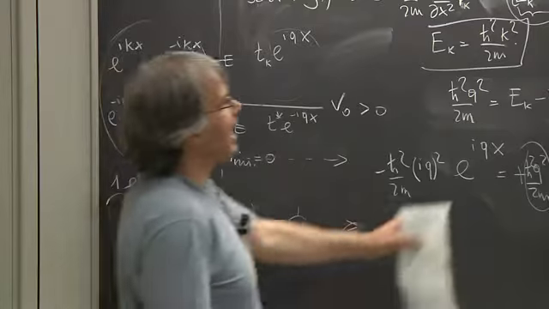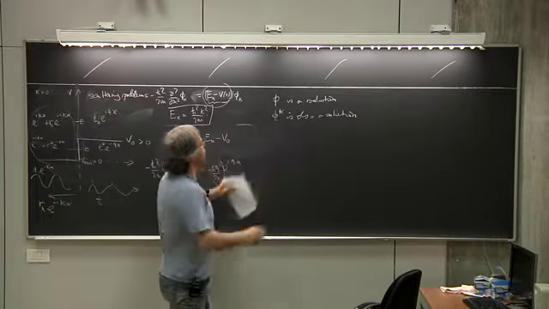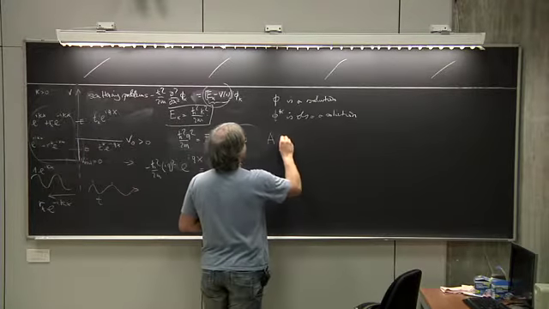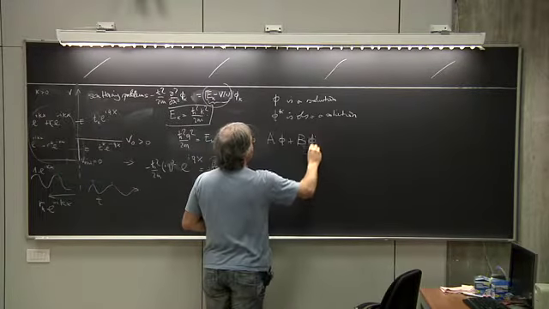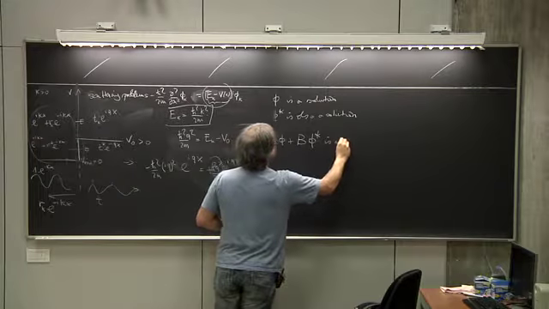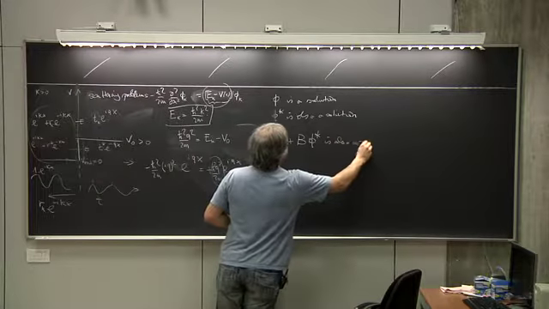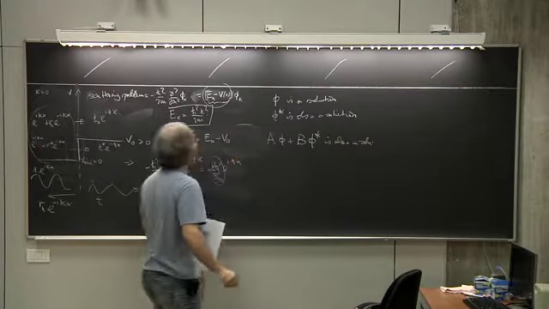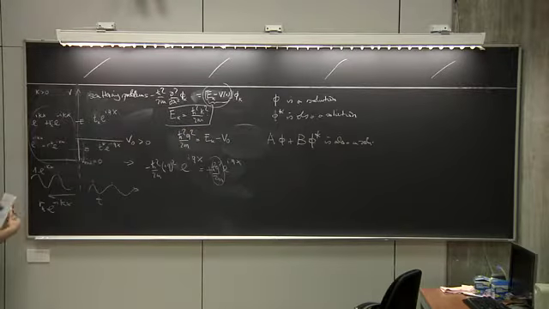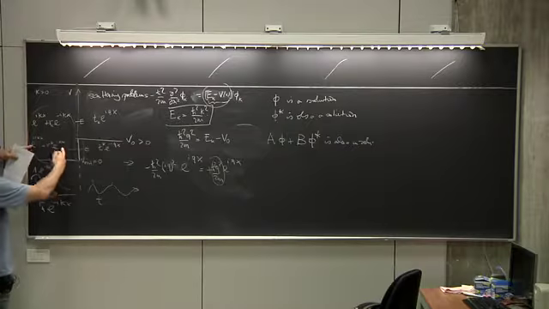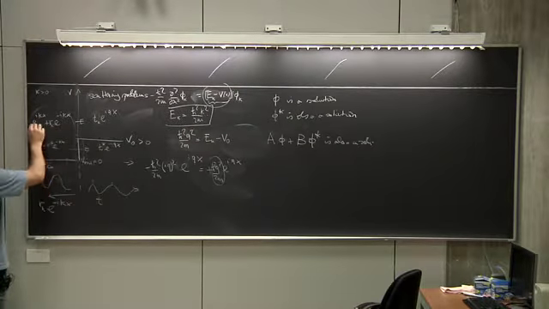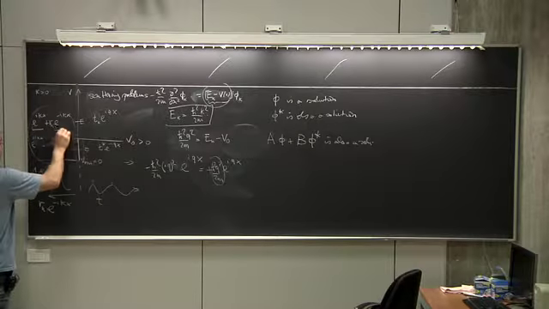Now, if phi star is also a solution, any combination A phi plus B phi star is also a solution. Okay? Which means that you can take this with a certain coefficient and combine it with this with a certain coefficient. Well, you collect all the things and you will find a term for this and a term for this.